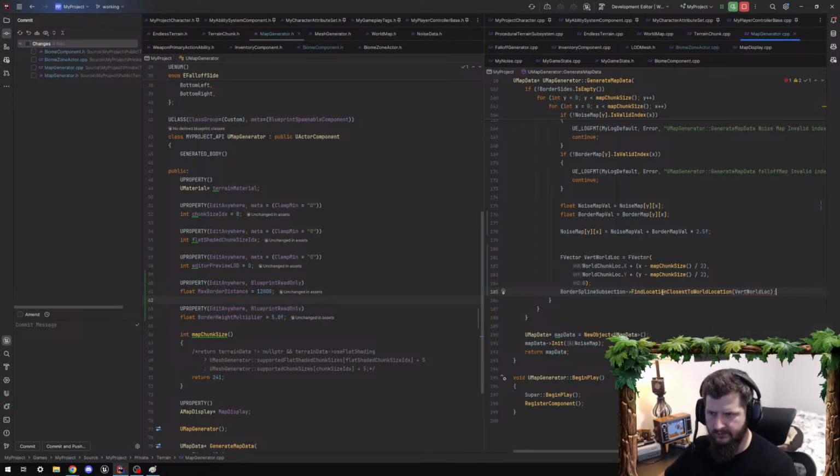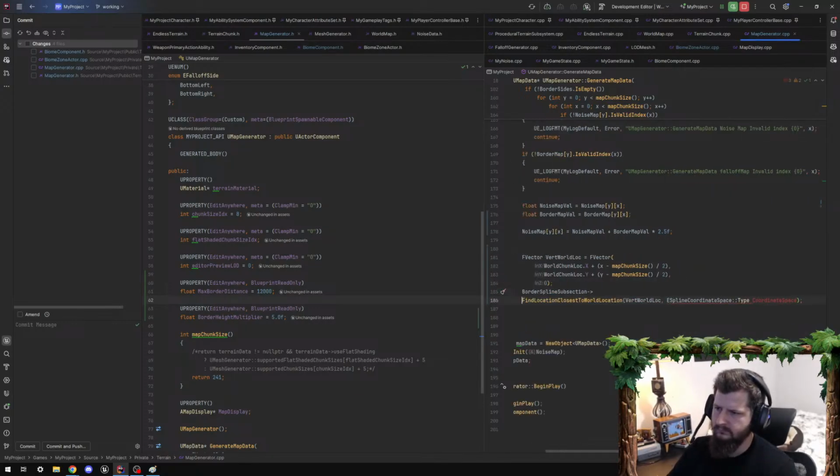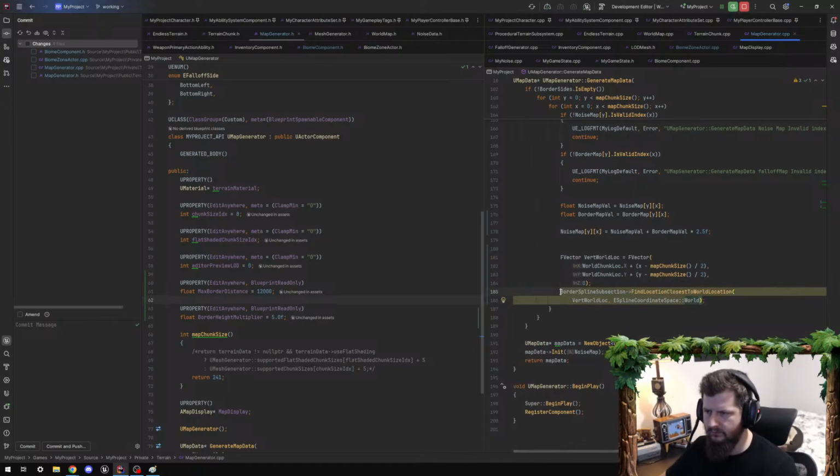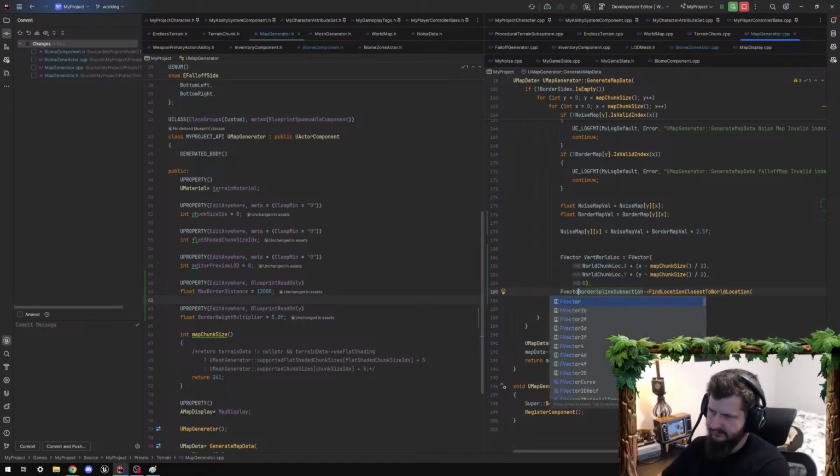It has 2 parameters. What do you need? Oh, yeah. Yes, in world space. Okay, so this will give me a vector.